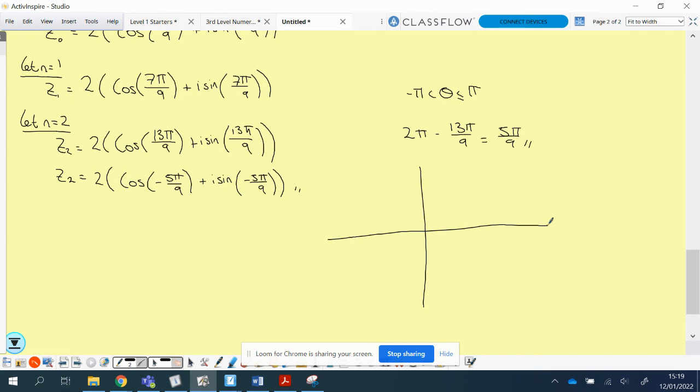The first complex number only goes round 20 degrees, so z0 would be along there somewhere. The next one was 7 pi over 9, which is 7 lots of 20, which is 140. So 140 would lie over here somewhere, I believe.